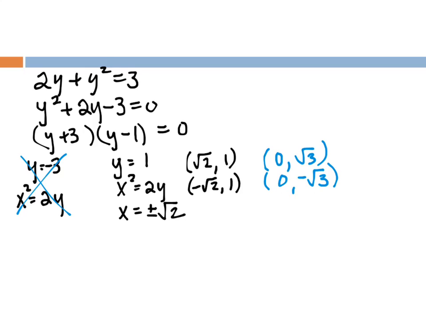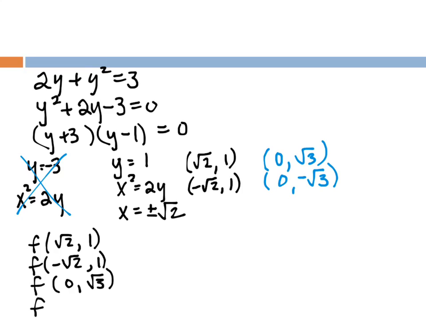So any idea about how we would do that? We're going to do what we did in the last section. We're going to plug it into the function f, right? So we're going to plug in f of (square root 2, 1), f of (negative square root 2, 1), f of (0, square root 3), and f of (0, negative square root 3).